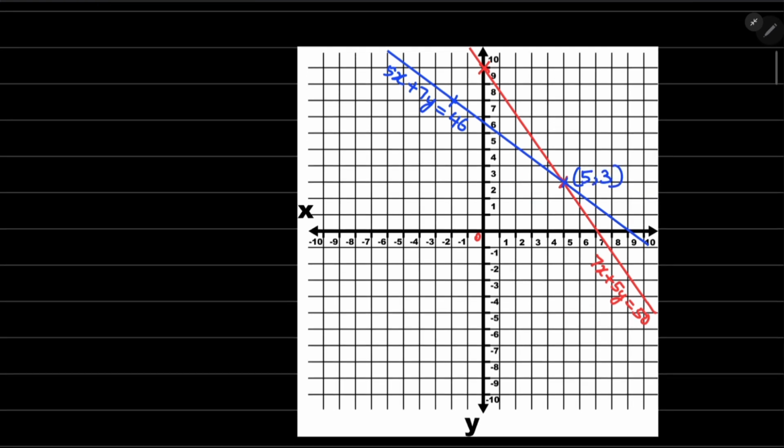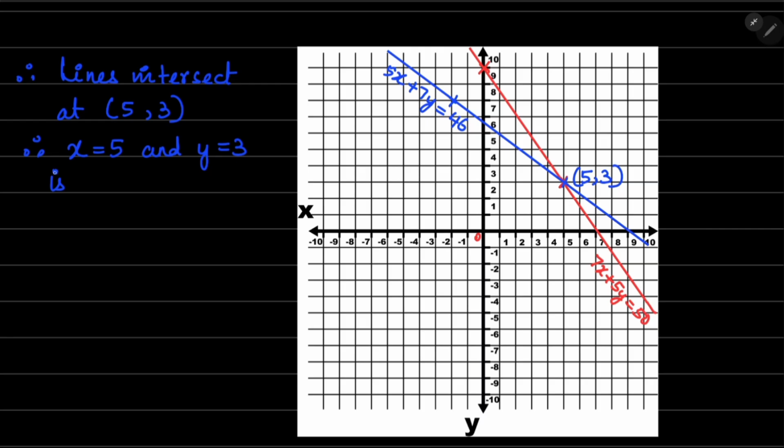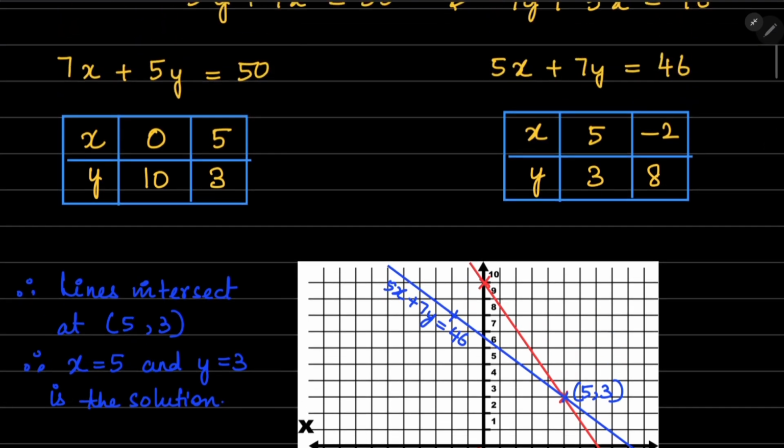Okay, so you can write, therefore, it is observed that the lines intersect at 5 comma 3. Therefore, x is equal to 5 and y equal to 3 is the solution of this particular pair of equations. And what did we assume as x?